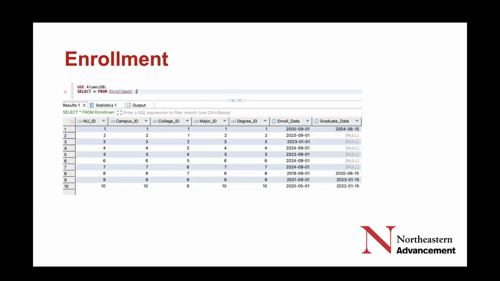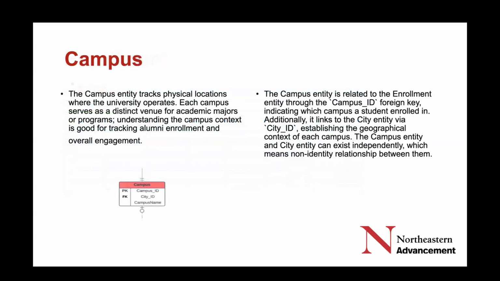Can you move on, please? So we have campus. Campus basically captures the physical, geographic location of where the course or program has been taken. Each campus serves as a distinct venue for academic programs, so understanding the campus context includes tracking alumni enrollment.